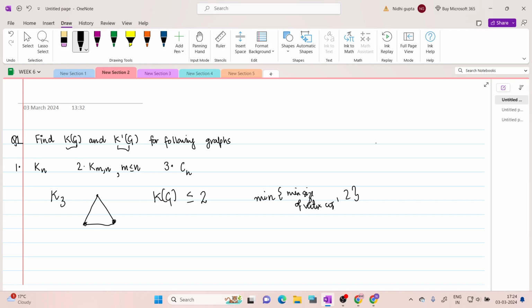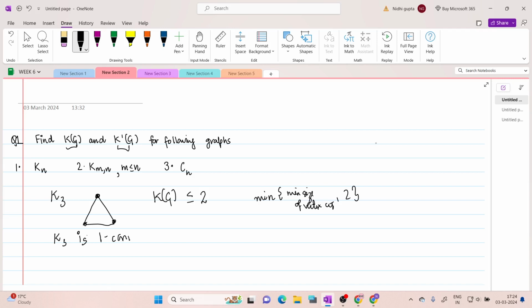So for K3, what is the vertex connectivity? One, ma'am, kappa of G is one. So if you are saying it is 1, then you are saying that K3 is 1 connected.